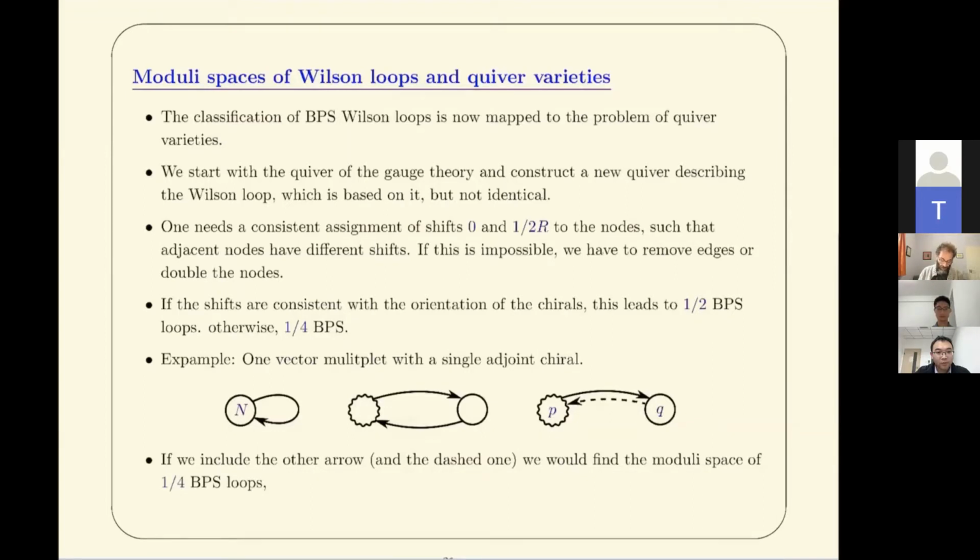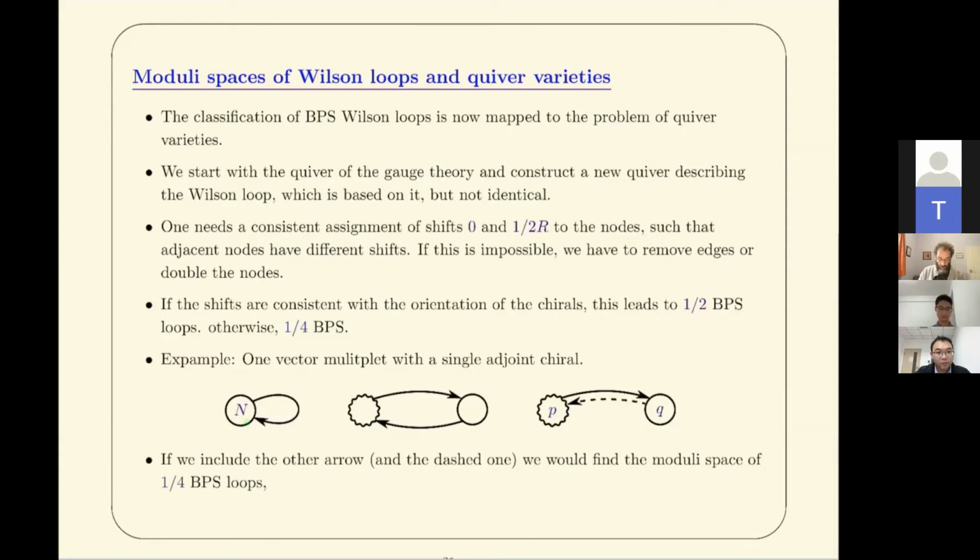And here is an example of what I have if I have a single vector multiplet and a single adjoint chiral. So I start with this quiver gauge theory, but there is no way of shifting or unshifting this node in such a way that the endpoints of this chiral arrow go between a shifted and unshifted gauge field, unless I double this node.